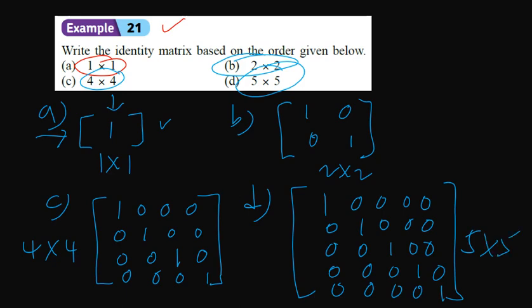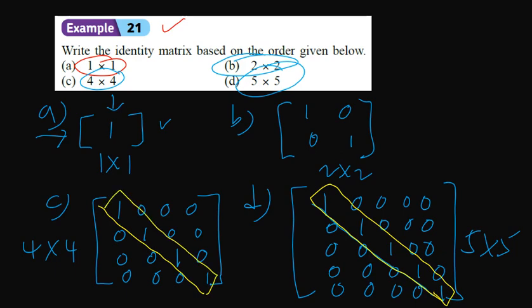So you can see the diagonal here is always 1 and the rest is 0. So 4 by 4 you have 4 ones, 5 by 5 you have 5 ones. This is very simple. It has a pattern over there.